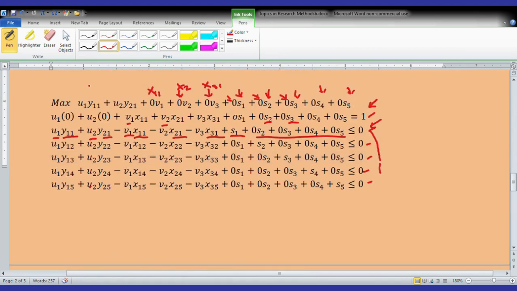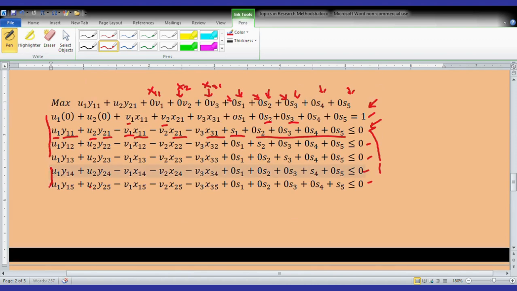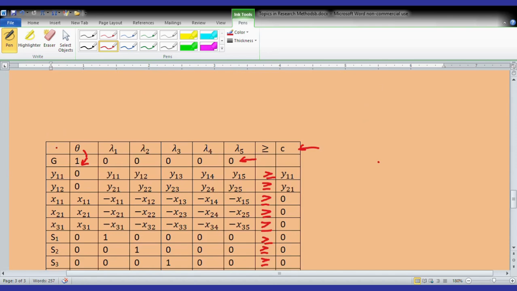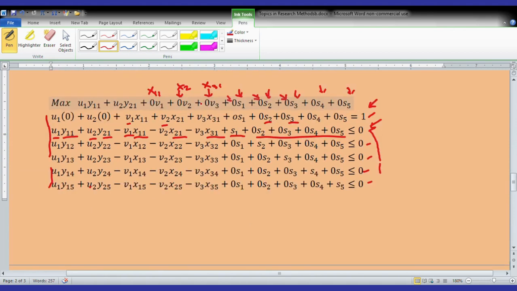Similarly, look into the left hand side. What are the coefficients of u1? The coefficients of u1 actually are 0, y11, y12, y13, y14, y15, and see what happens here. In the second row we have 0, y11, y12, y13, y14, y15. So each column in this system is now appearing in this table.